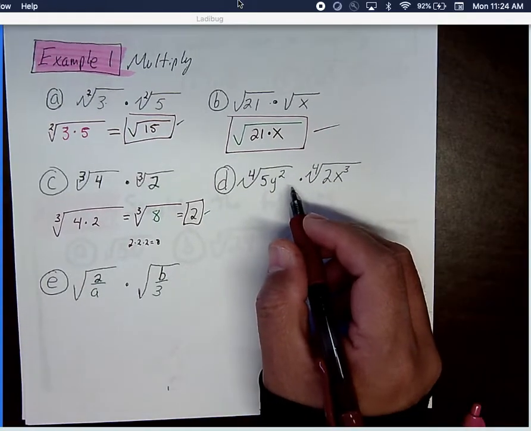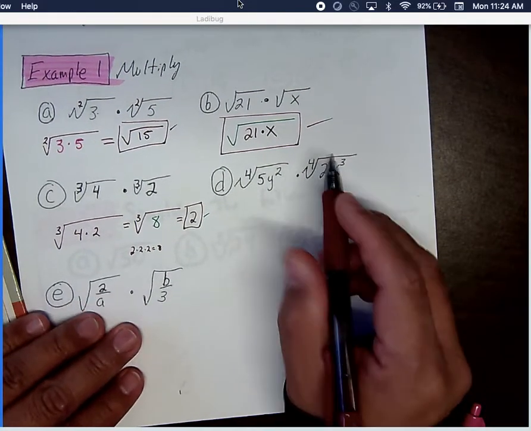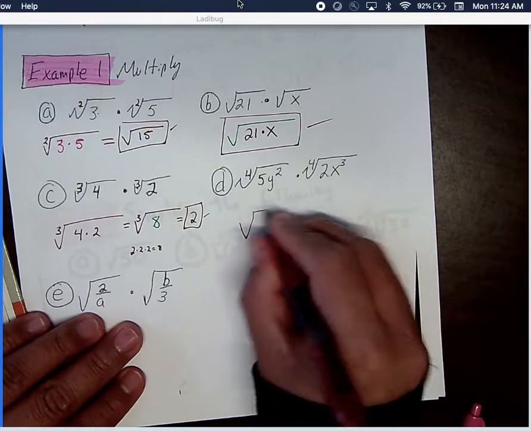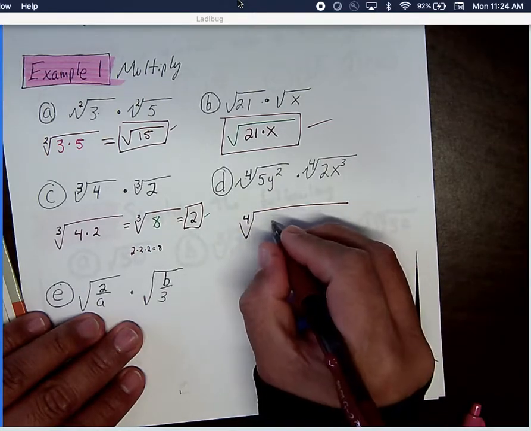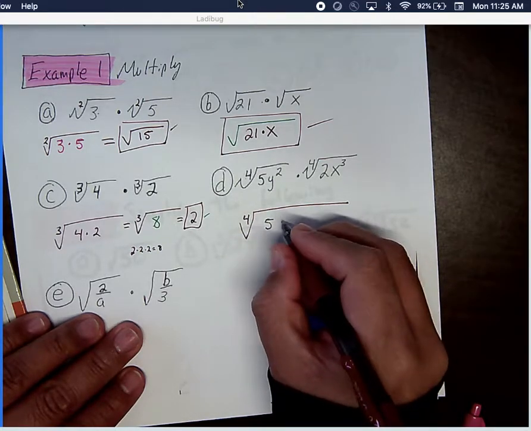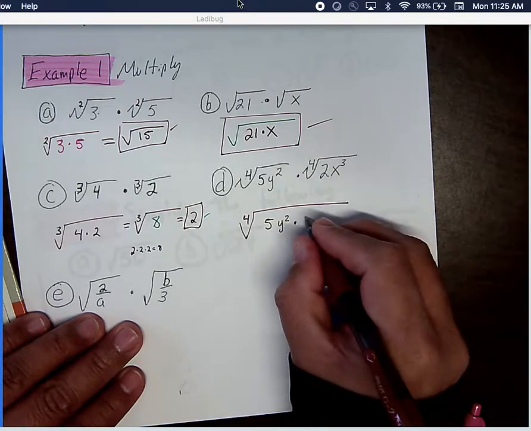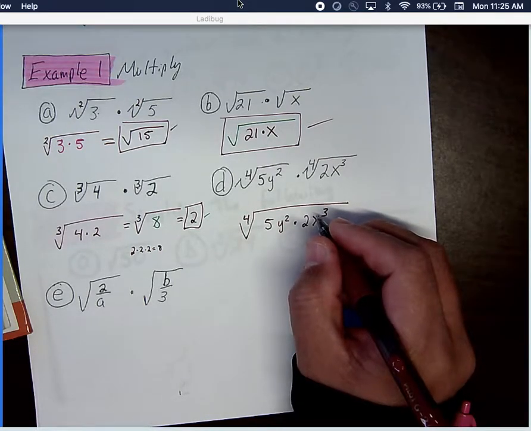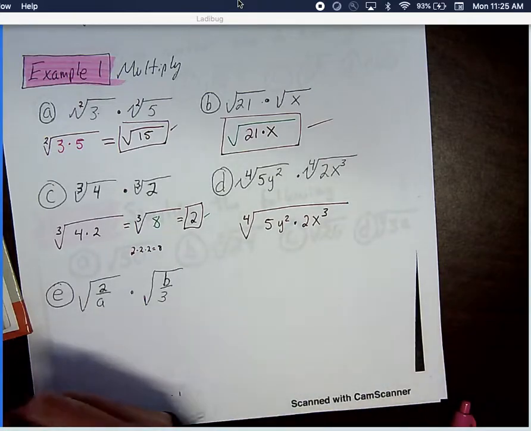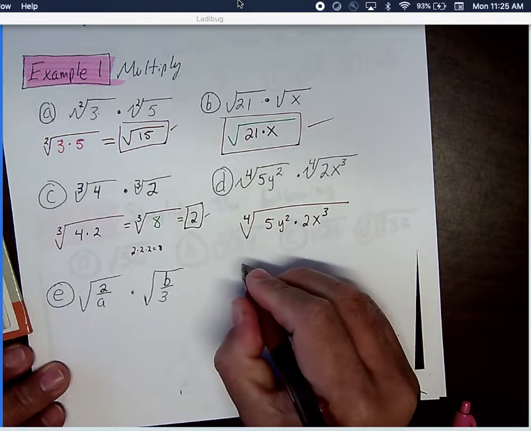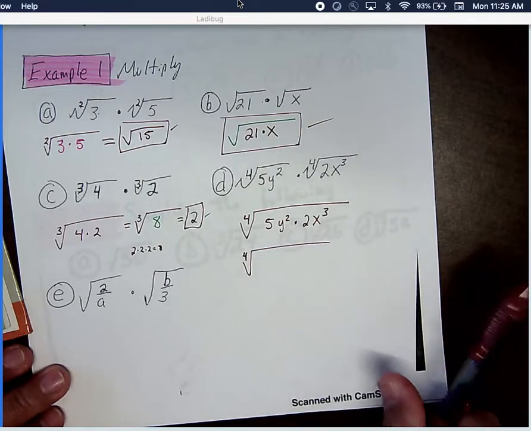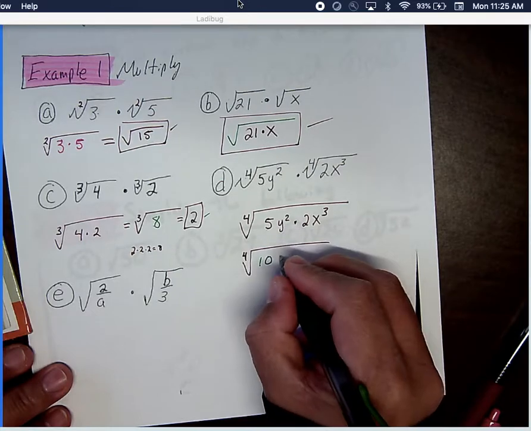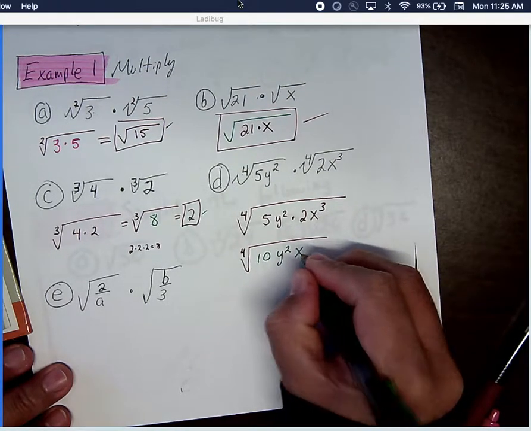So let's do this one, D. Again, they have the same root, so just put them together. 5y squared times 2x cubed, and then multiply them. 5 times 2 gives you 10, and then y squared, and then x cubed.